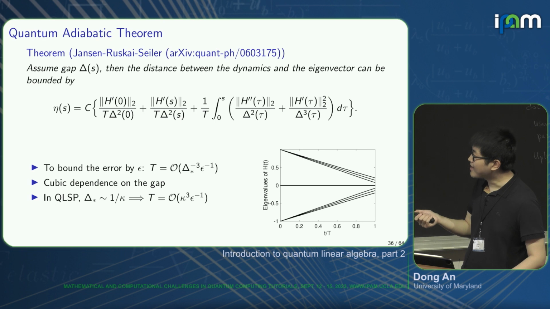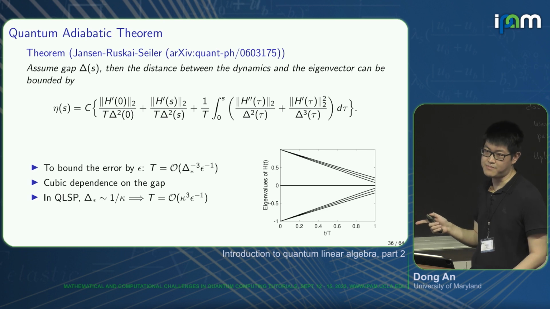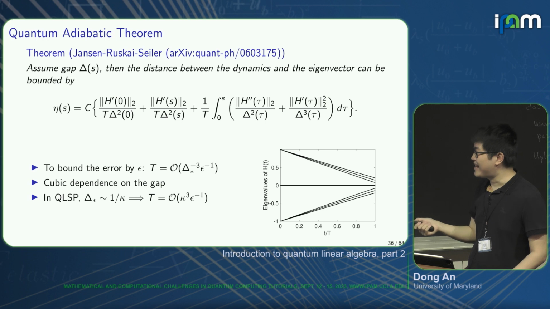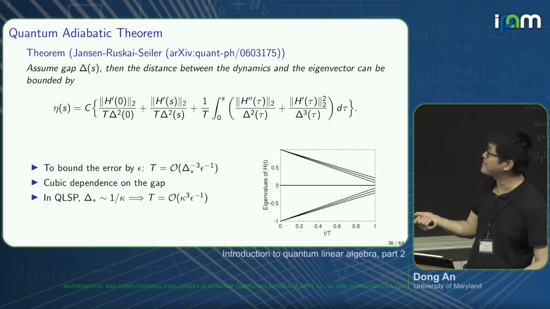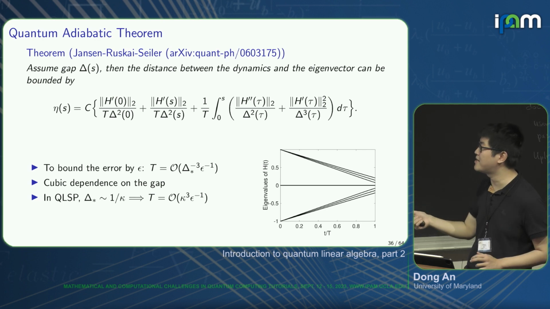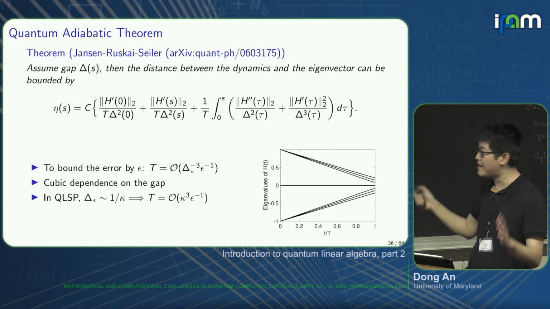And if you look at the gap condition, I'm assuming the gap is denoted by delta s for the Hamiltonian H of s, and in the worst case it has an inverse cubic dependence on the gap. We use this error bound, and I have shown you that the gap here is something like 1 over kappa, but here we have delta cube dependence. So what we need to do is choose this capital T to be very large if we want to bound this error by some epsilon.